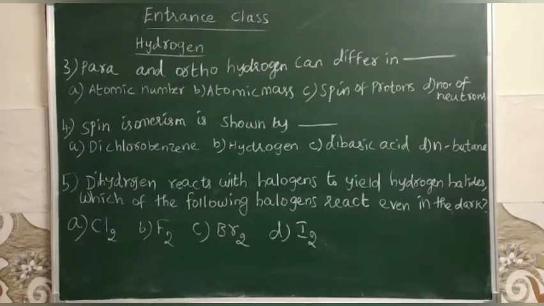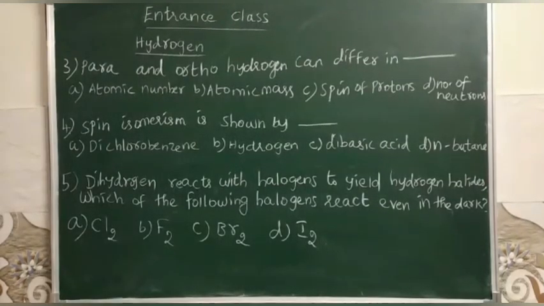Okay. We can see this topic in the video: among halogens, hydrogen reacts with fluorine even in the dark. Hydrogen reacts with chlorine in the presence of light. Bromine reacts with hydrogen under heating.